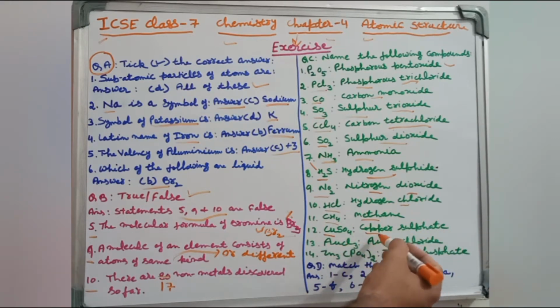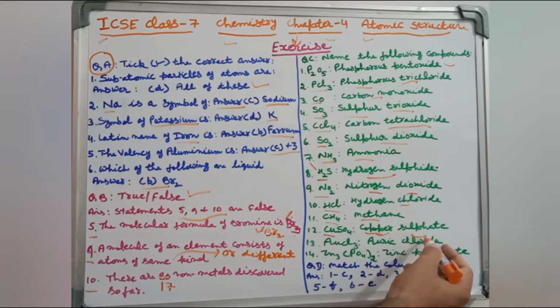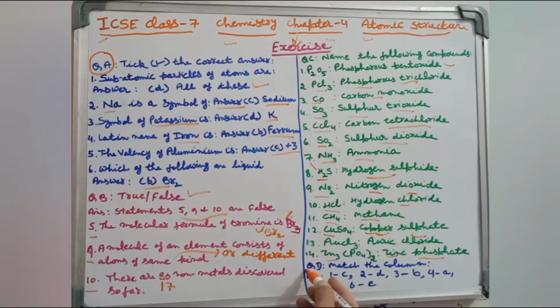CuSO4: Cu for copper, and SO4 sulfate. AuCl3: Au for auric, Cl3 chloride. Zn3(PO4)2: here, if we put anything outside the bracket, we will read it as twice, thrice. So this is Zn3 for zinc, PO4 for phosphate. Now next is question D, that is match the column.